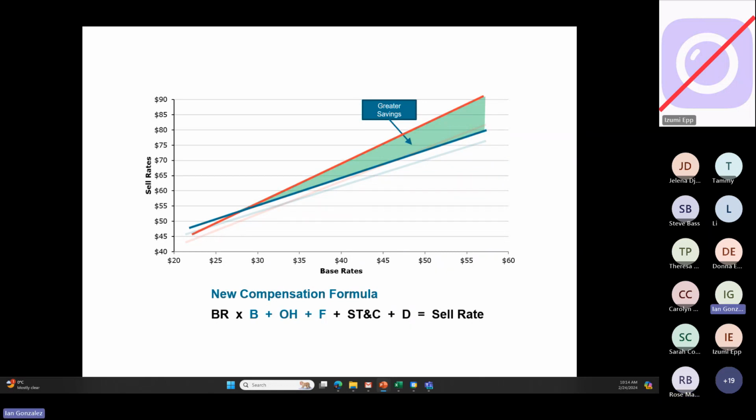So now that you know this, it's more work, but because you know that base rates always change, stick with engineering your commercial rates so that the burdens, overheads, and fixed fees or profit are adders instead of multipliers, and you will get great savings.